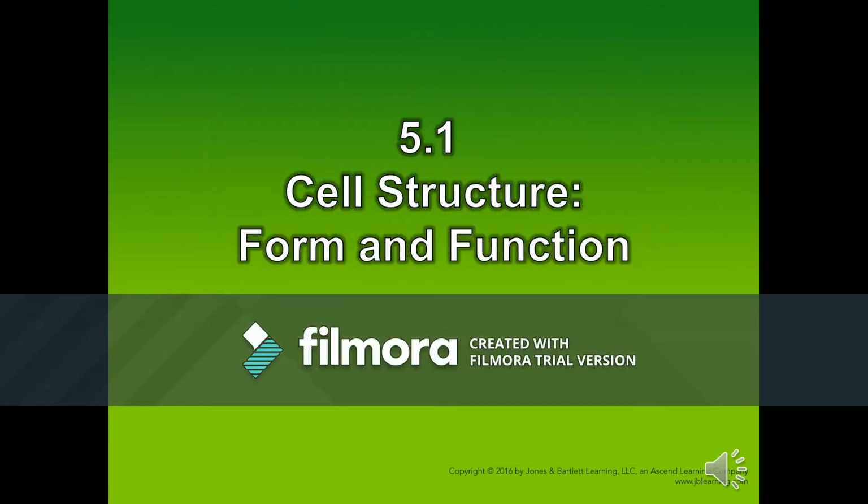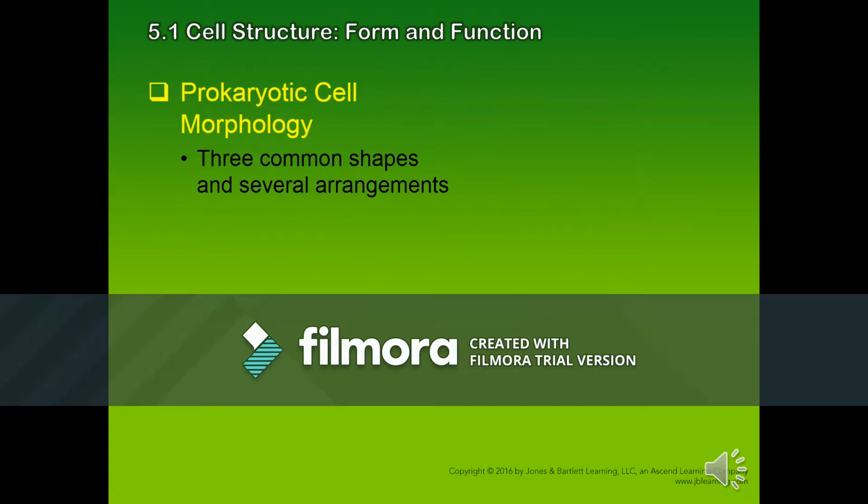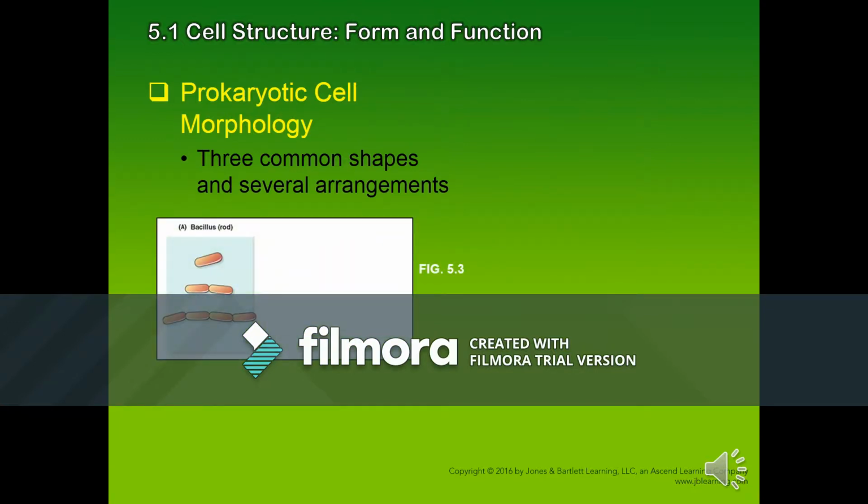So let's learn a little bit about the function of some of these types of cells. And one of the first things we're going to do is learn the basic forms that the bacteria take. Okay. So there are three common shapes of prokaryotic cells. Those are the bacillus. A bacillus is just something that is longer than it is wide.